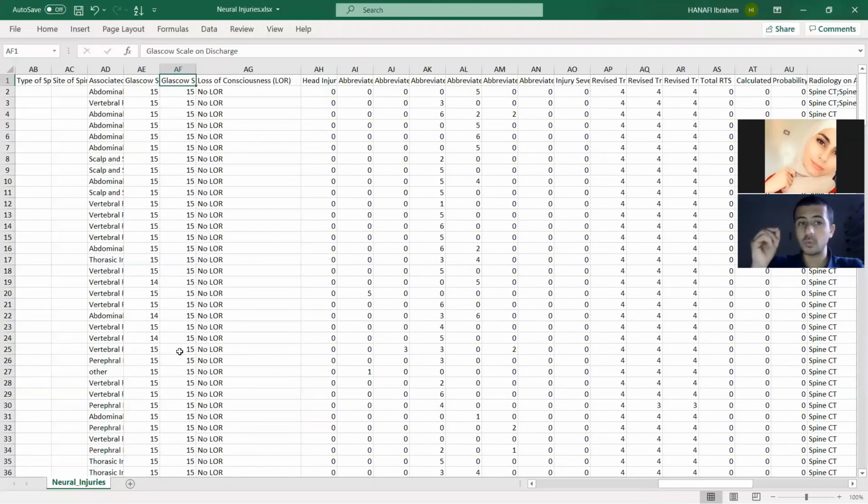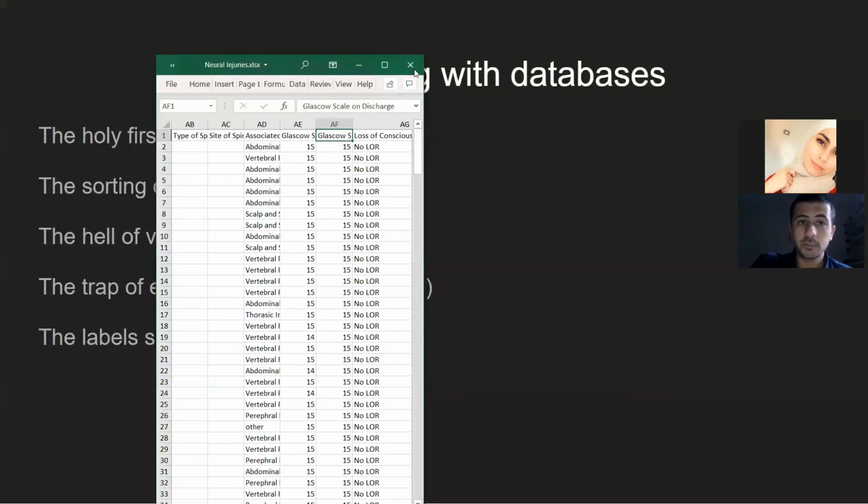And, what is actually like a joke, one of them has a Glasgow Coma Scale of 15. Of course, if he had made the mistake and entered 5, for example, I wouldn't see that, and I wouldn't appreciate the mistake. But now I have my opportunity to see some mistakes, like 0 for Glasgow Coma Scale. That is truly difficult. Okay, so don't save.